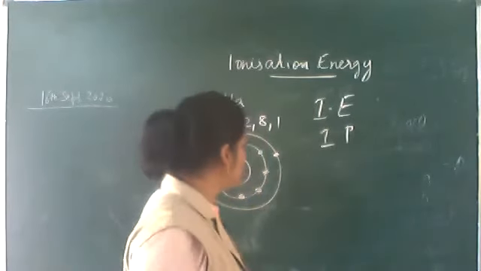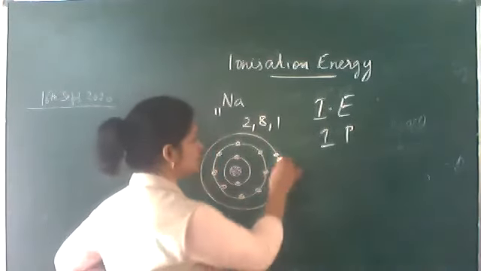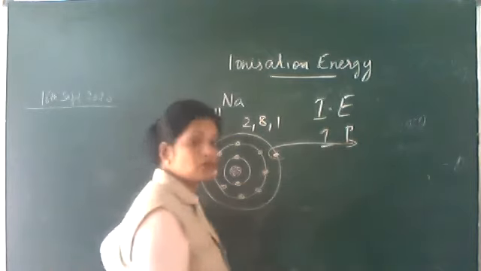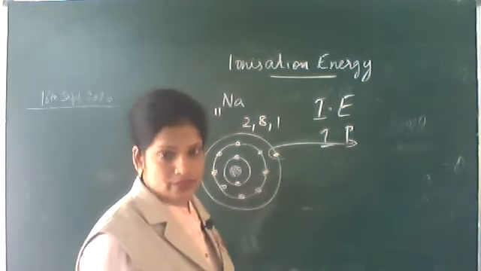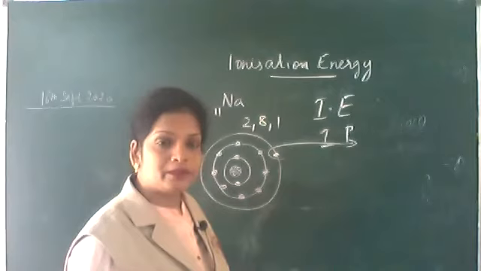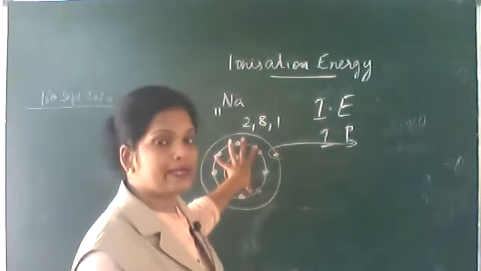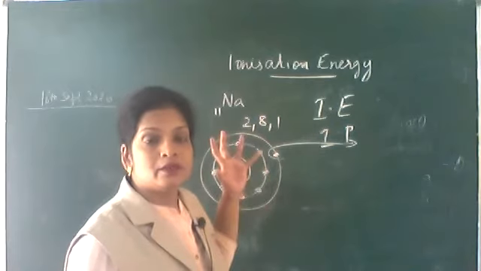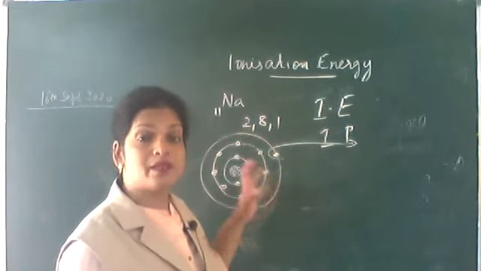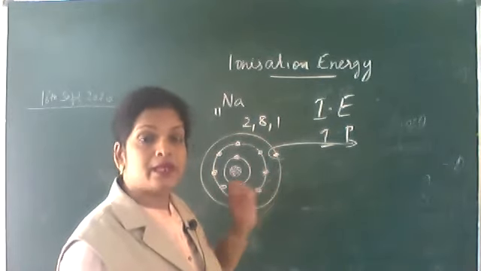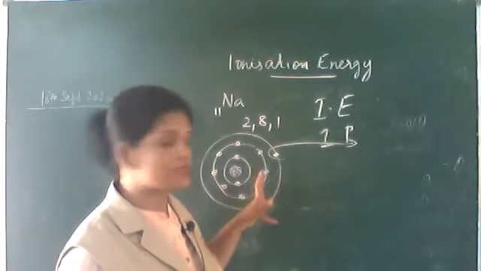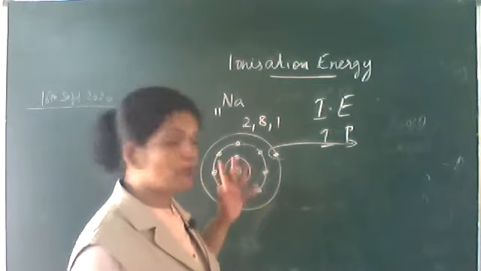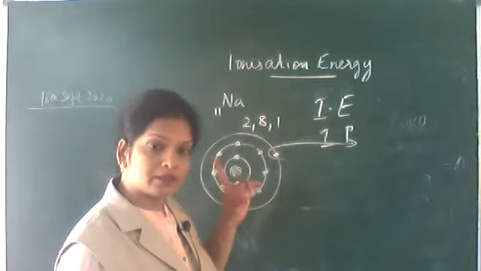So what is the amount of energy required to remove this electron? That is called ionization enthalpy. And we'll be talking not about only one atom but one mole, that means 6.022 into 10 to the power 23 atoms. For these many atoms, how much amount of energy is required to remove that most loosely bound electron?